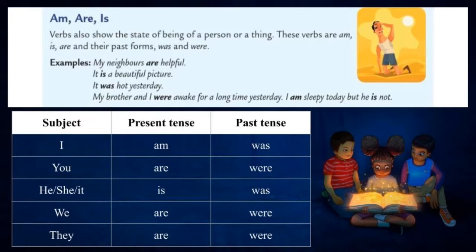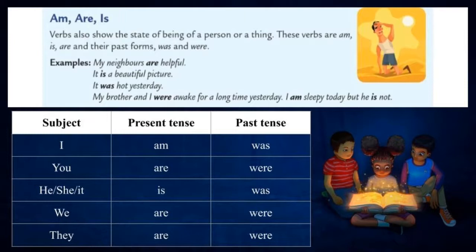If we are using subject as he or she or it, we should use is, and the past tense is was. If you are using subject as we, present tense is are, and the past tense is were.